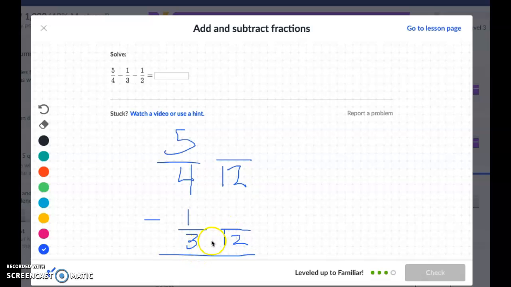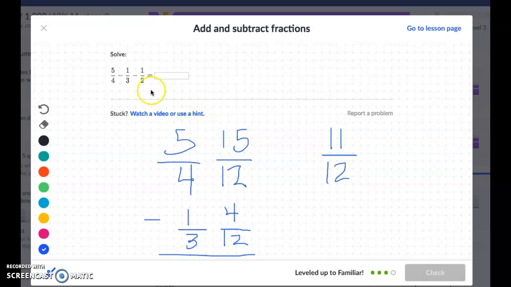So 3 times 4 is 12, 1 times 4 is 4. 4 times 3 is 12, so 5 times 3 is 15. And then 15 take away 4 is 11 twelfths.